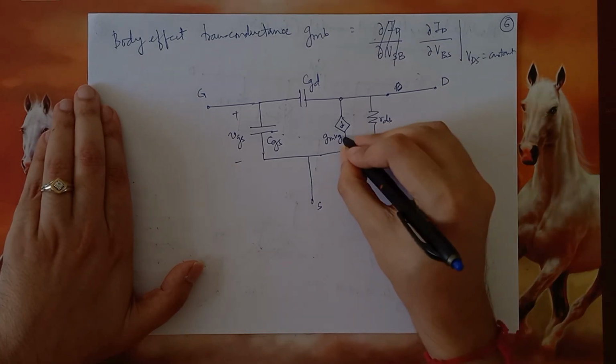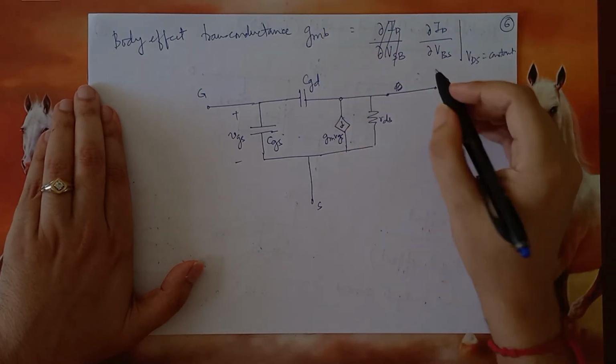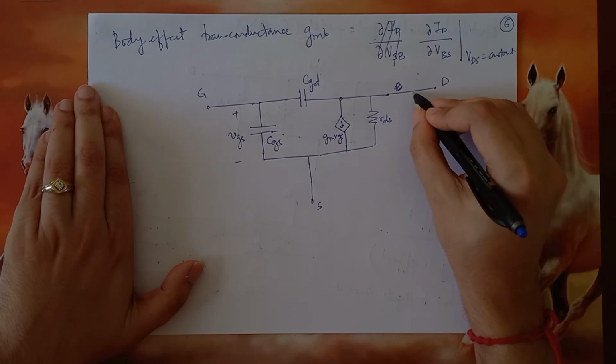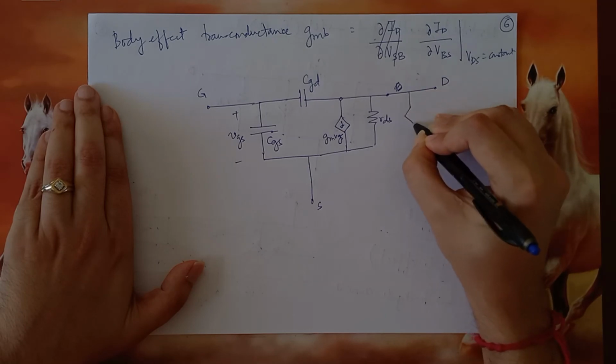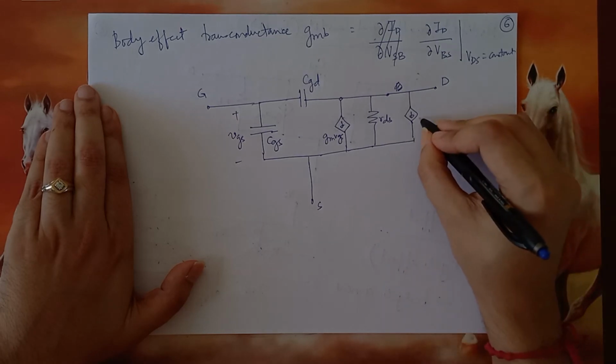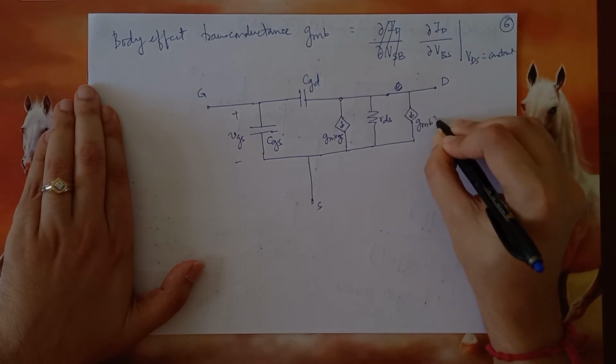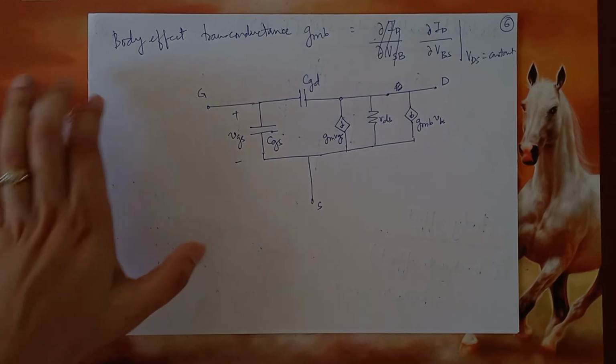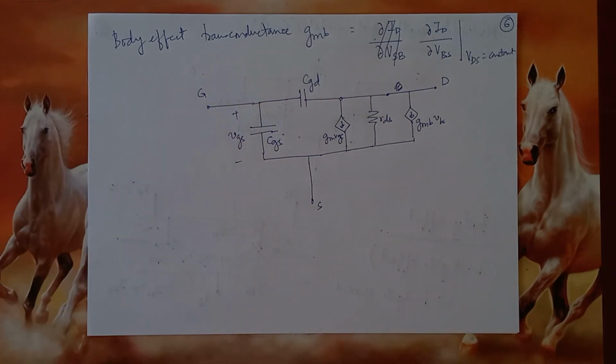Now we have to account for this current also, the backgate current, which looks like this, the small signal backgate current, which is GMB times VBS. This is another modification.